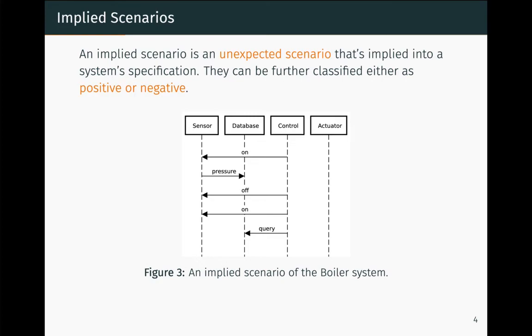However, that pressure can be very old because the system was turned off. A lot of time could have passed before the system turned on again, and we don't want the system to act on old information. So this is an unexpected behavior that happens because each component believes it's acting properly, but the global behavior is not actually okay.